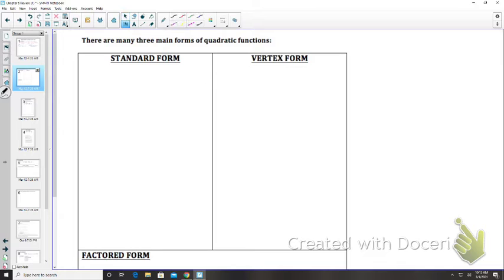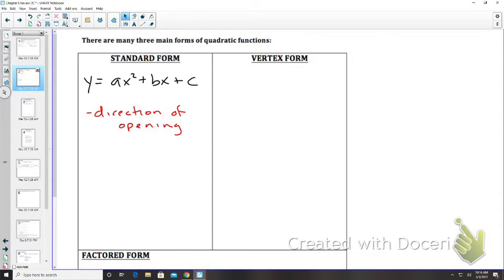Okay, so standard form, we have y is equal to ax squared plus bx plus c. What do we know if our equation is in standard form? You can find the direction of the opening, and the y-intercept. Not the axis of symmetry directly, though it's related.